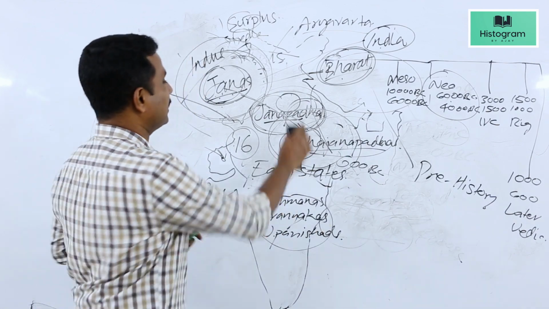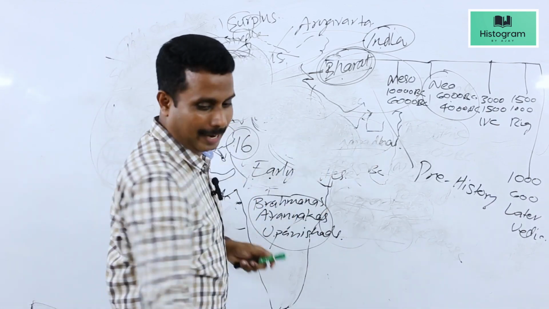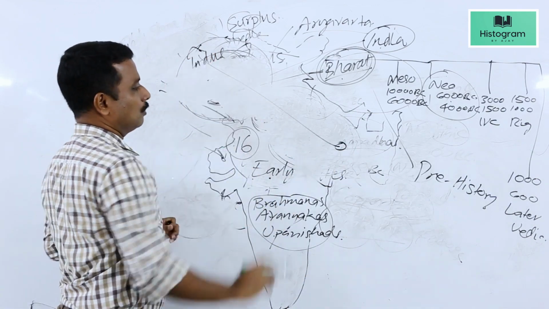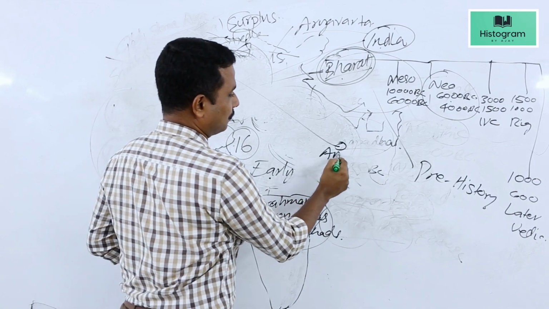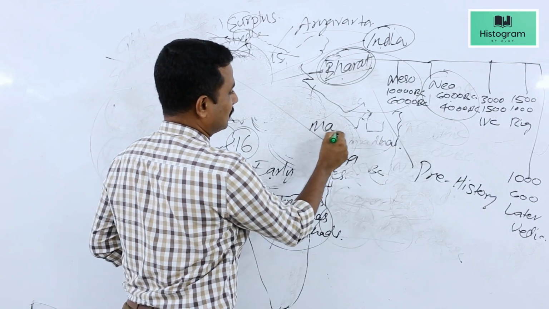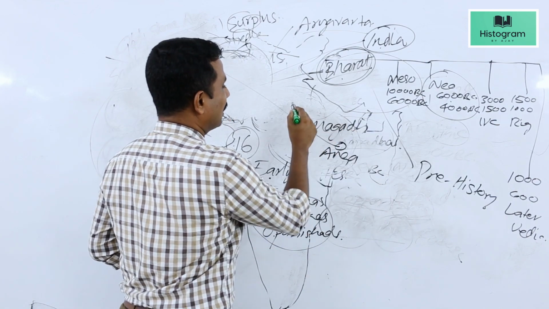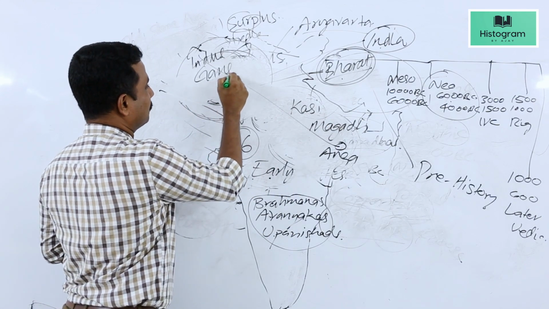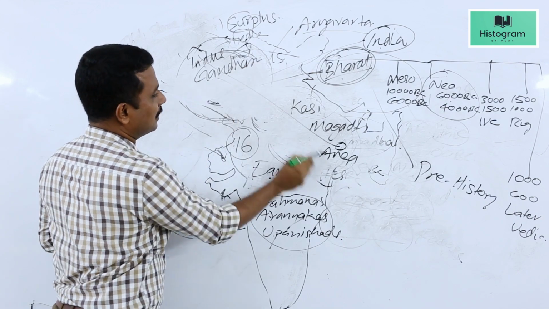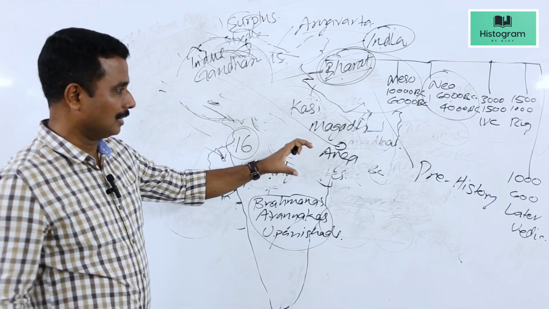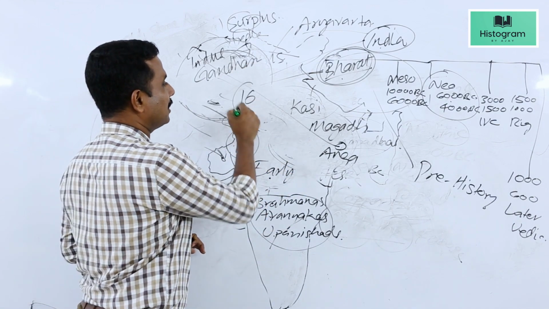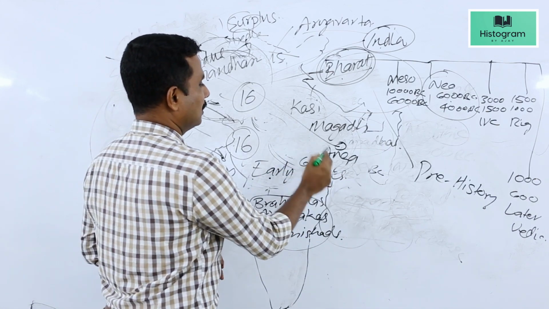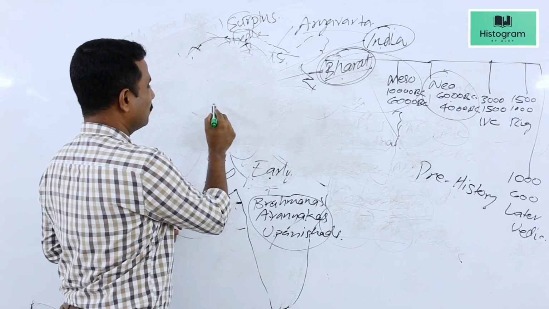There were 16 in number, spread from the eastern to the northwestern part of India: Anga, Magadha, Kashi, and here, Gandhara. In between there were so many other Mahajanapadas. In total, 16 Mahajanapadas were there by 600 BC in Indian history.